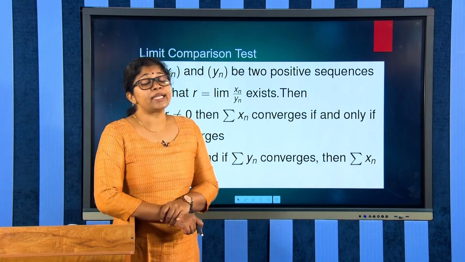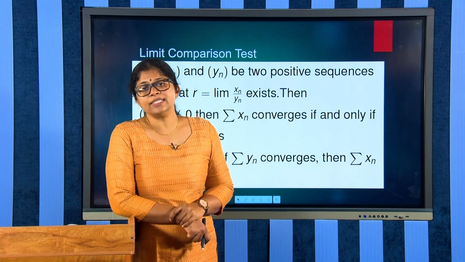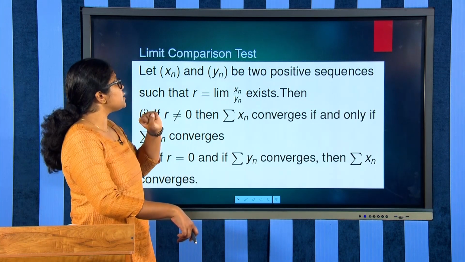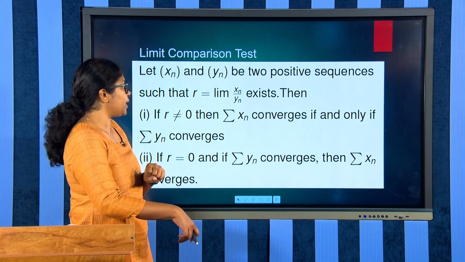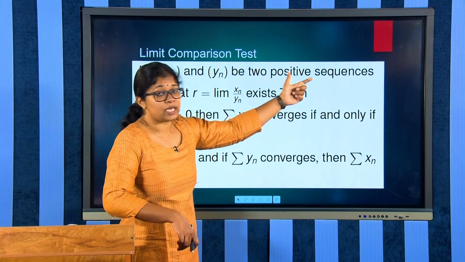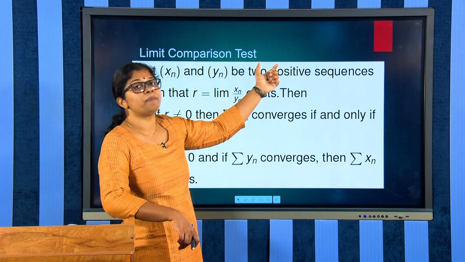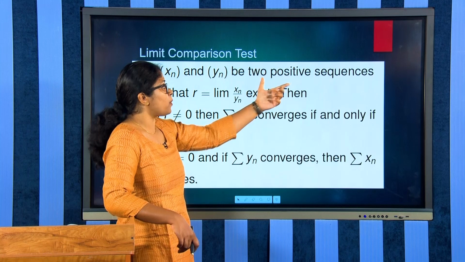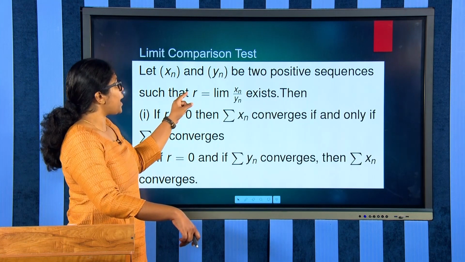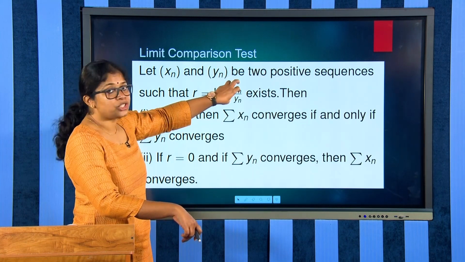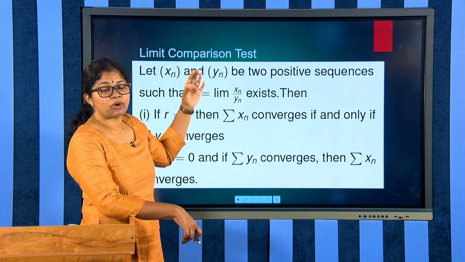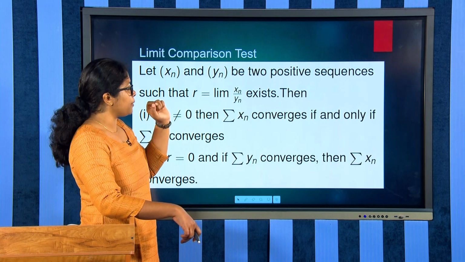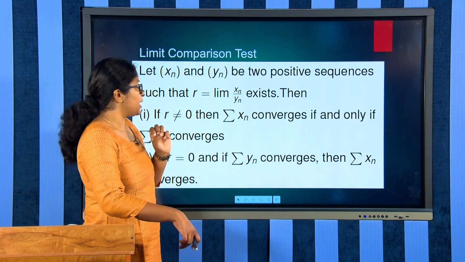The next important comparison test that we have is the limit comparison test, which says that again we are starting with two sequences xn and yn, two positive sequences. Remember that there should not be any negative term in the sequence. So, they should be positive sequences such that the limit of the ratio xn by yn, the ratio of the nth terms of the sequences, is equal to some number r, and that limit exists.